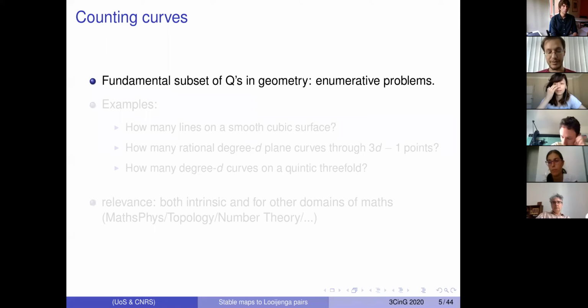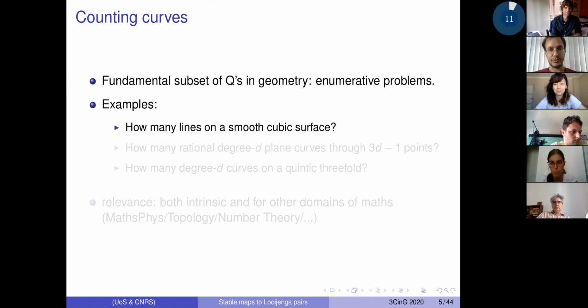Another way of making inventories of stuff is to enumerate geometric configurations subject to certain properties. So one fundamental subset of questions in geometry are enumerative problems, and apparently that's the subtitle of today.